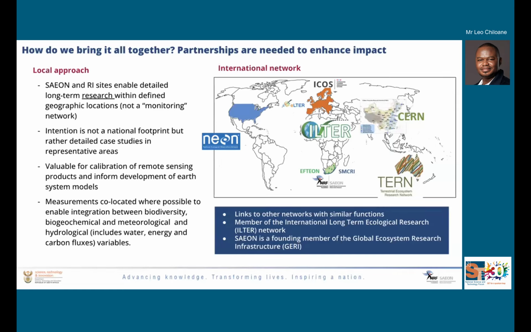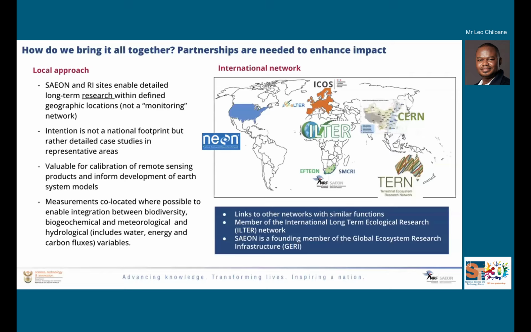Our sites are located at strategic locations where we can detect change. This is also valuable because it's ground-based observations. I'm glad that it was mentioned in the previous talk as well. It's valuable data for calibration of remote sensing products to inform Earth systems models.